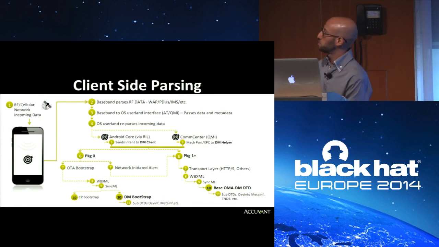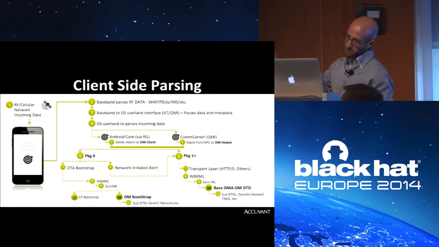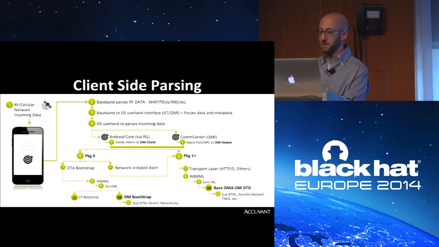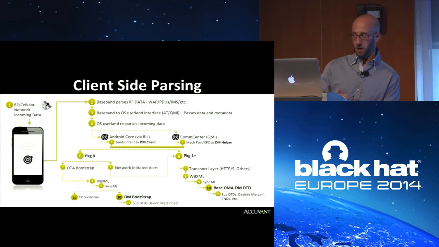So, a big graph of the many, many layers of client-side parsing. Originally, the data will come in over the RF cellular network. It's parsed by the baseband. Baseband will then pass it up to userland, typically over an AT or QMI connection. It'll pass the actual data as well as some metadata.